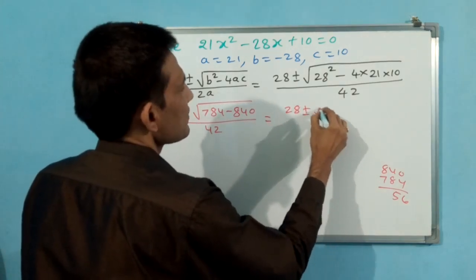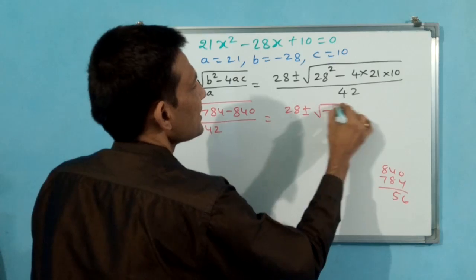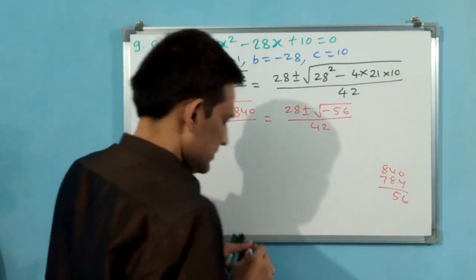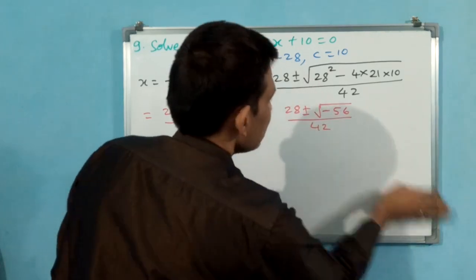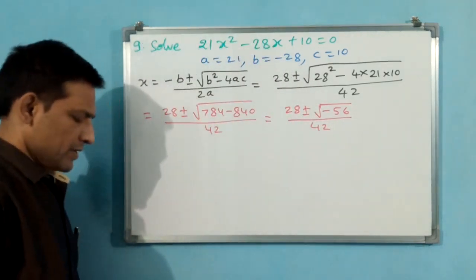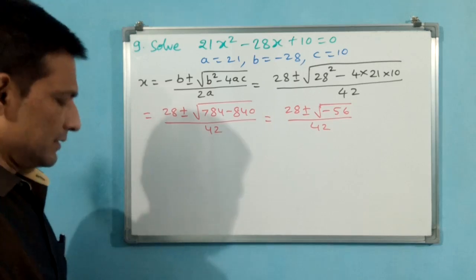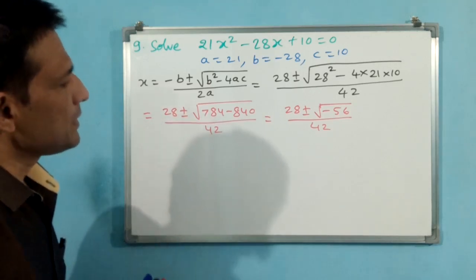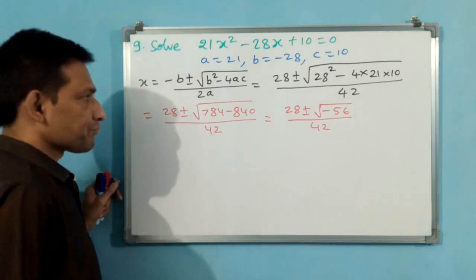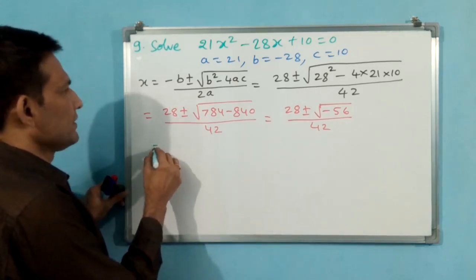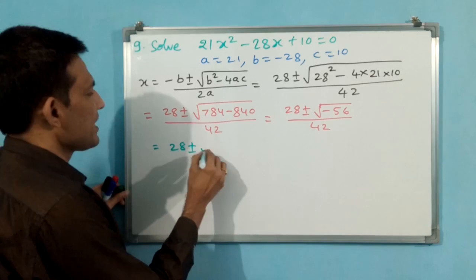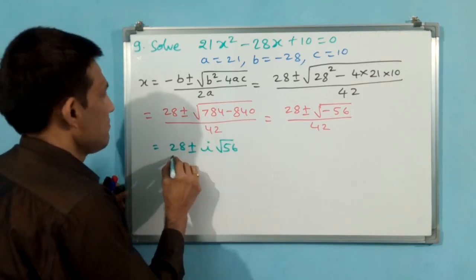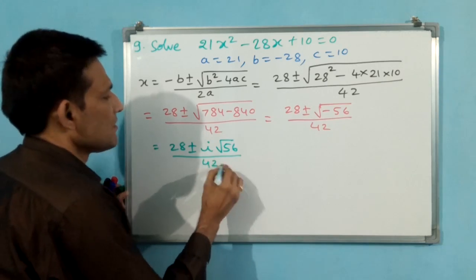28 plus or minus square root of minus 56 by 42. Okay. Now how to convert this? We can convert this in I. Okay. 28 plus or minus I root 56 by 42.